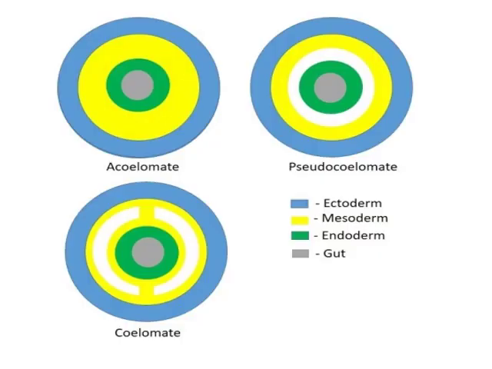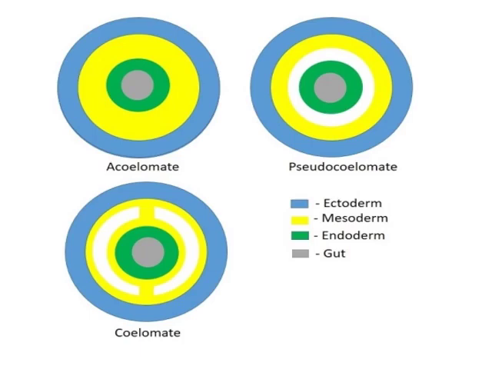Here you can see the three types of triploblastic animals: acoelomates, pseudocoelomates, and coelomates. The blue color represents ectoderm, yellow represents mesoderm, green endoderm, and gray is gut. White color is cavity.